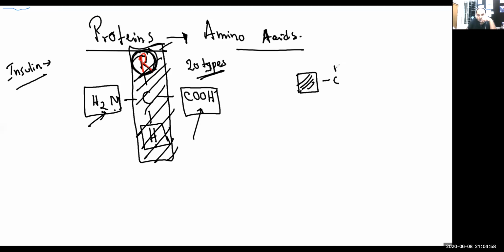A COOH, a C, sorry, NH2. Okay, so this is one of the amino acids. We'll move to the next page.